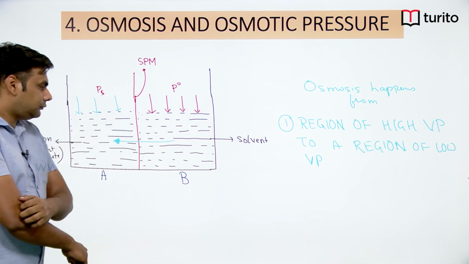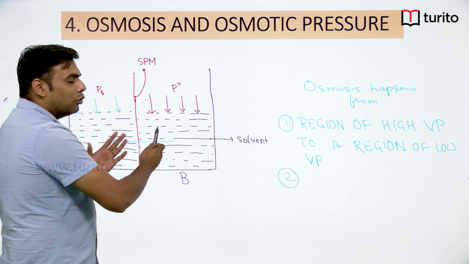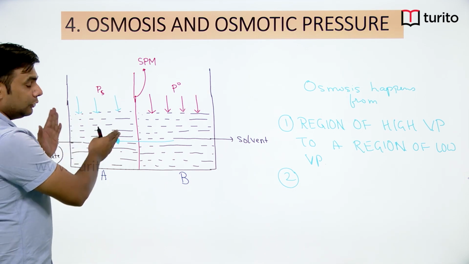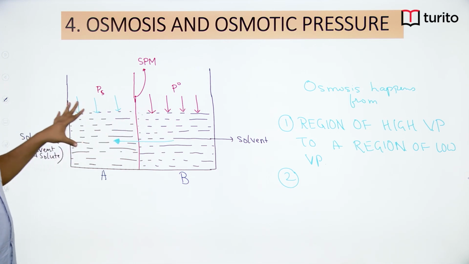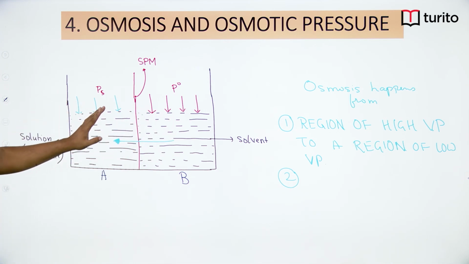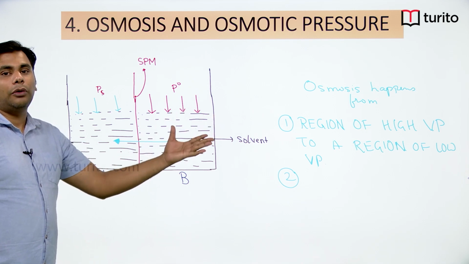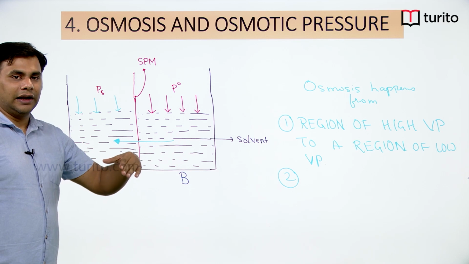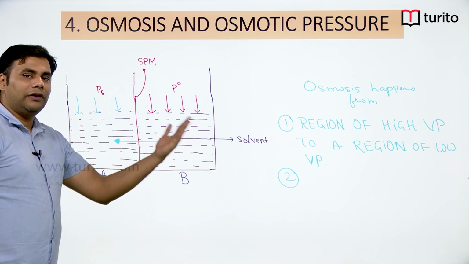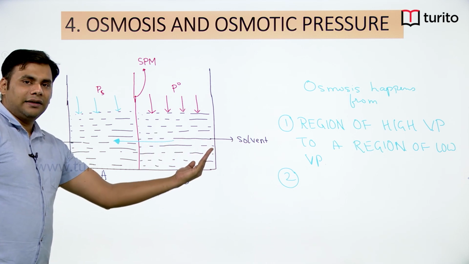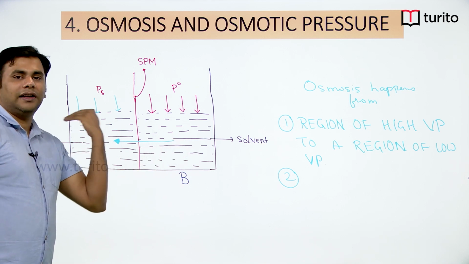Okay. Now also we can say that if you look at this, which side has more solvent? This is a solution over here and this is a solvent over here. So we know that this is pure solvent and this has less amount of solvent. So solvent molecules will move from that region where its amount is more. So there is basically a gradient, a difference in the solvent amount. Solvent will move from that side where there is more solvent to the side where there is less solvent.